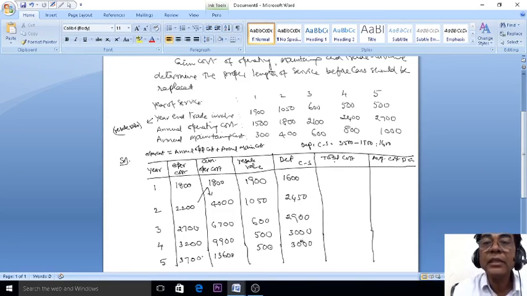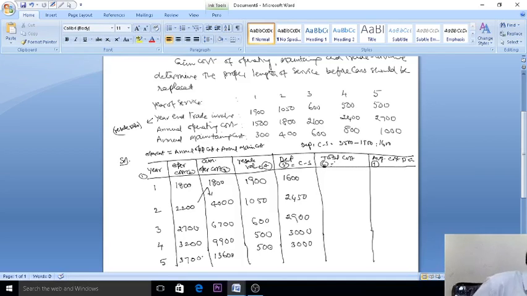Okay. The next one, total cost. For total cost, let these columns be 1, 2, 3, 4, 5, and a 6th and a 7th. How to calculate the 6th column? 5th column plus 3rd column. The 5th column is 1600, the 3rd column 1800. 1800 plus 1600, 3400.